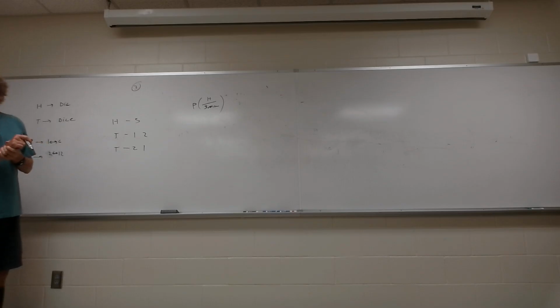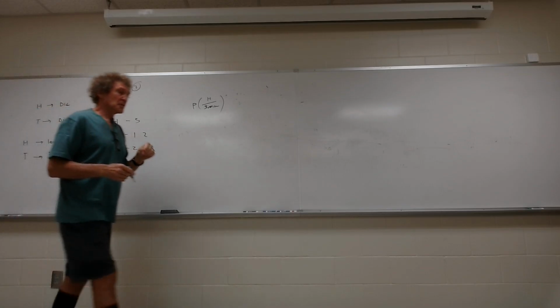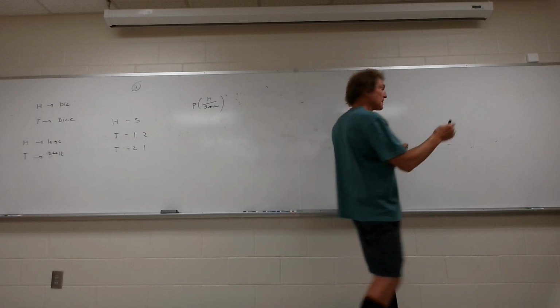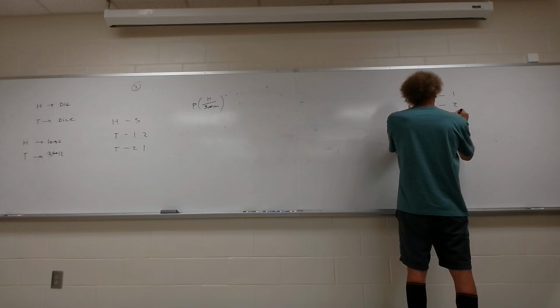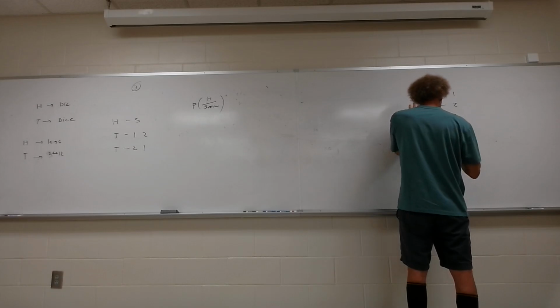Because this is what I'm trying to get at. 36. Pardon me? 36. Yeah, I'm not going to put them all down, but how did you get it? You're right. You have heads 1, heads 2, heads 3, heads 6, correct?